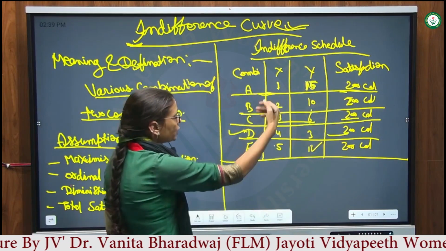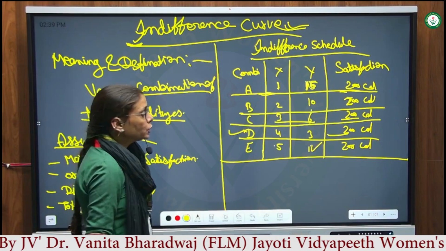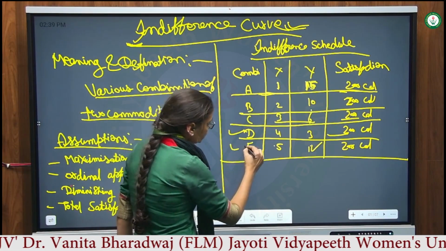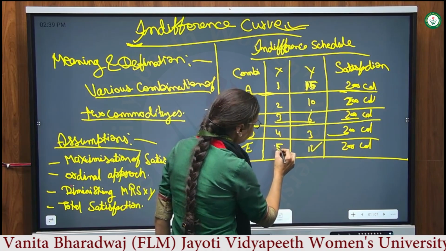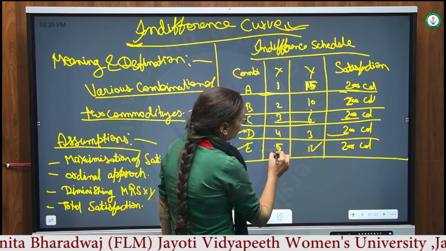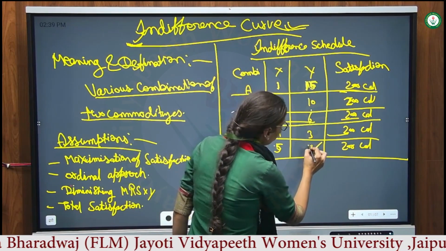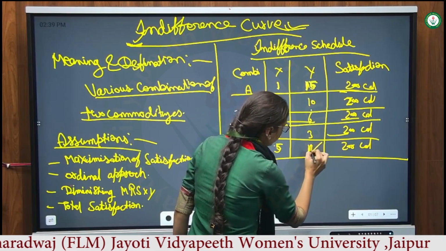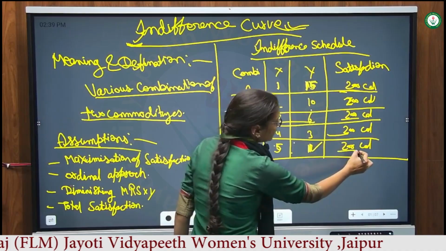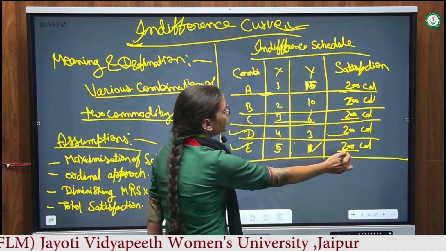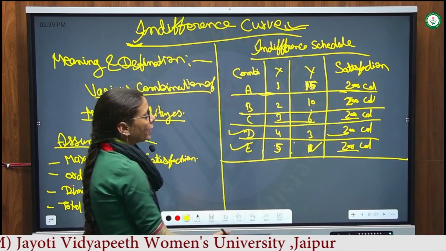In this situation, the consumer is neutral. If he chooses the E combination, we use 5 units of X and 1 unit of Y. This 5:1 ratio also gives the same level of satisfaction, 200 calories, to the consumer. That's why he is indifferent.